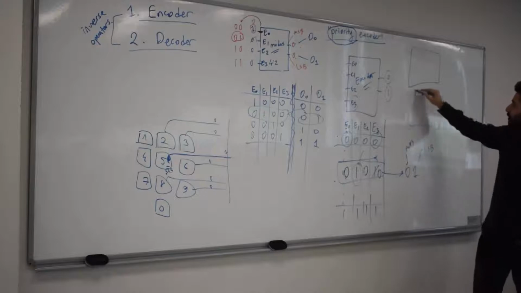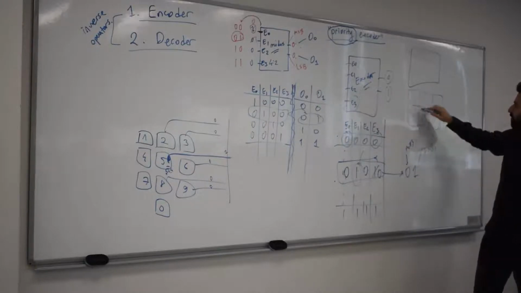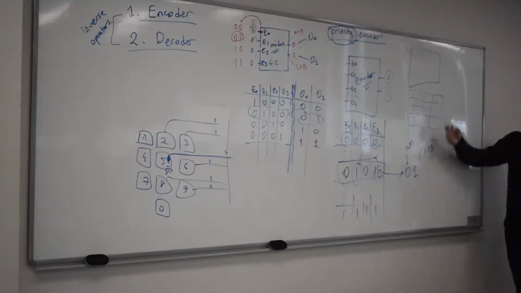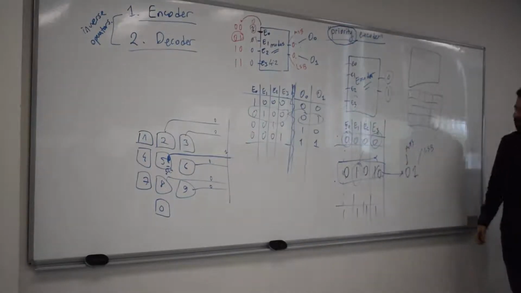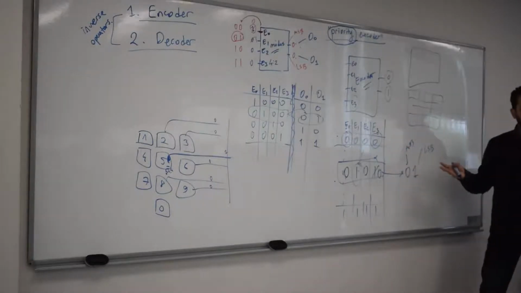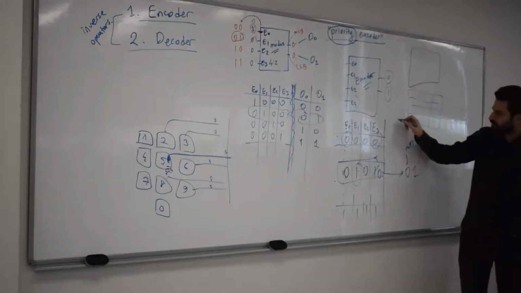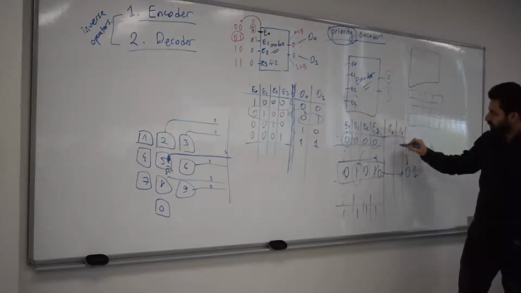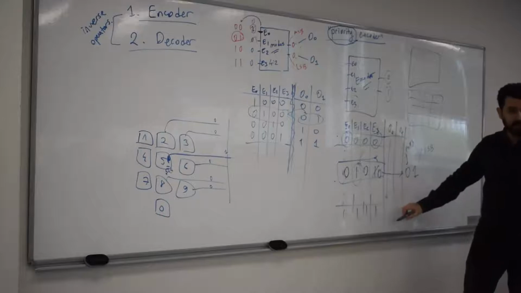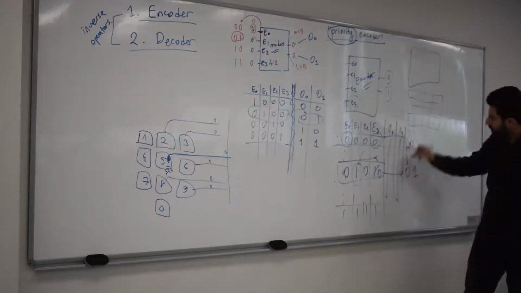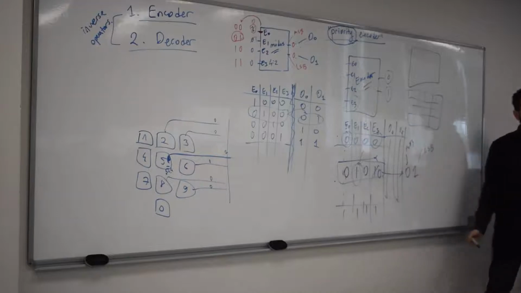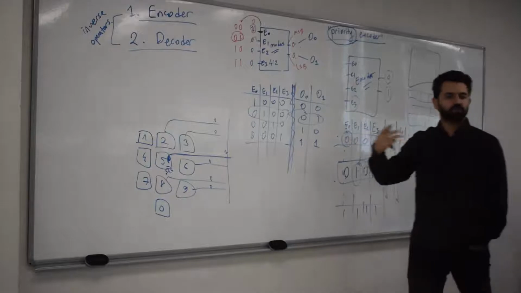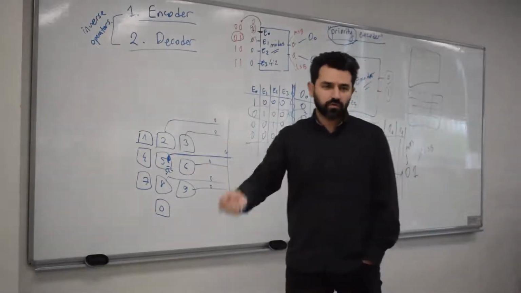Since we've got 4 inputs, you have to deal with 4x4 Karnaugh maps. But since you know the mapping, you can create a truth table for each of O0 and O1. So you can implement this using this column in your Karnaugh map, and then this column in your Karnaugh map, do your simplifications, and you come up with a Boolean expression. The rest is just the general analysis and minimization tools that we already have.